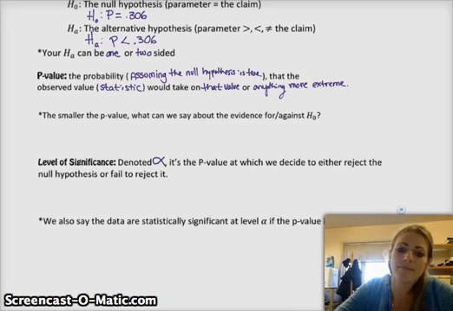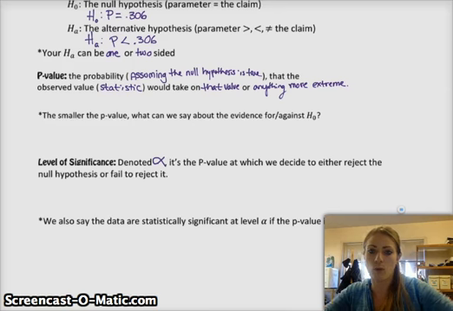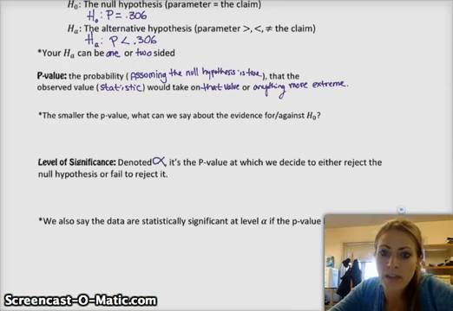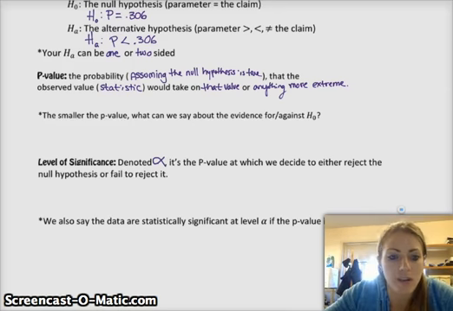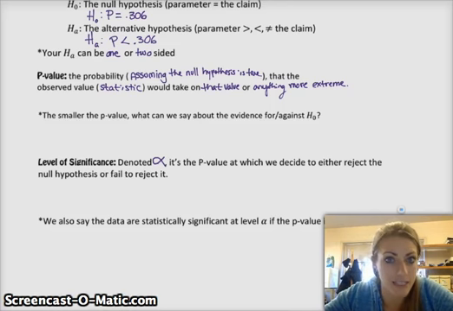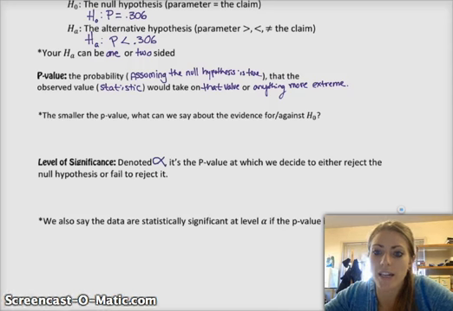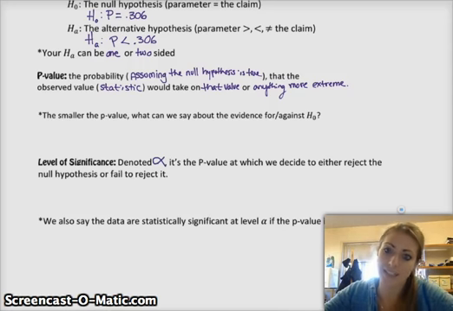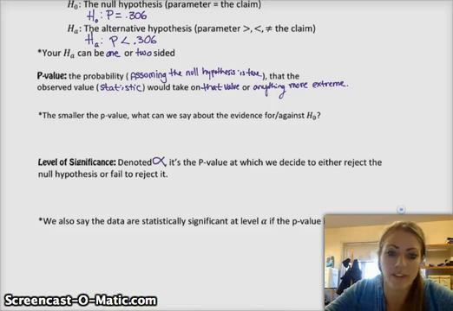So that's kind of what we're going towards. The other thing is that if the p-value is less than alpha, then we say that the data is statistically significant. So just another thing.